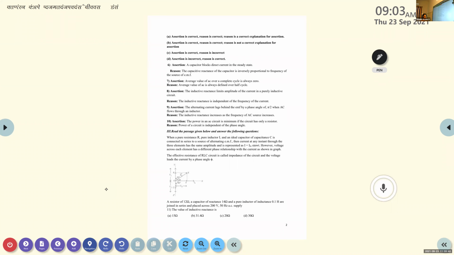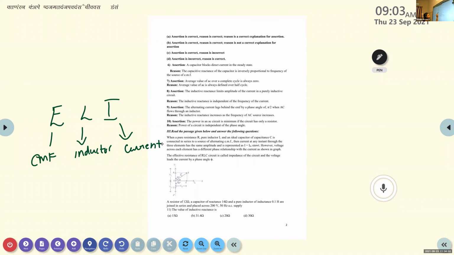In the case of an inductor, we have ELI. E for EMF, L for inductor, and I for current. So here the assertion is this: alternating current lags behind the EMF by a phase angle of pi by 2 when an AC flows through the inductor.